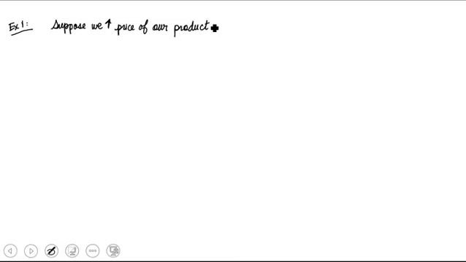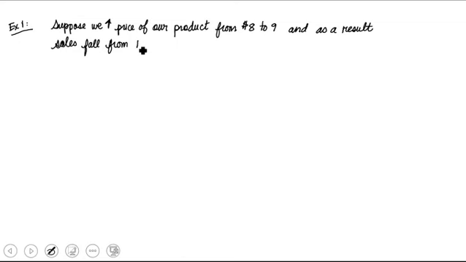We increase the price of our product from $8 to $9, and as a result, sales fall from 100 to 85. What is the elasticity of demand? So, easiest type of question.